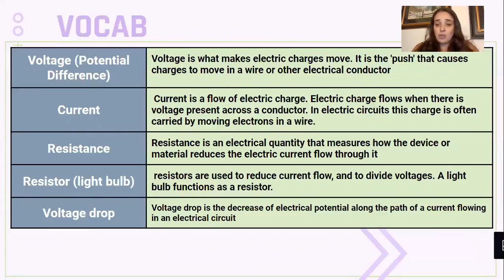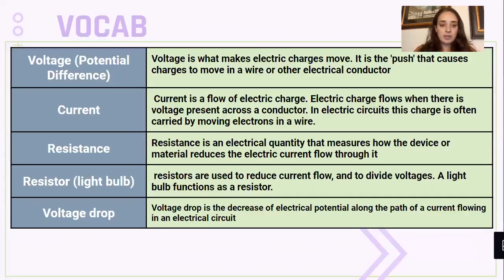Resistance is an electrical quantity that reduces how much current flows in a circuit. And then a resistor is something that actually reduces the current in a circuit. And the light bulbs that we've been using in our experiments are resistors basically.